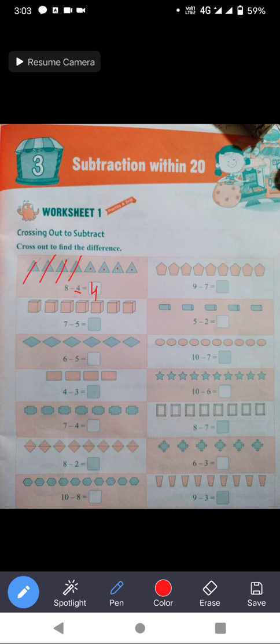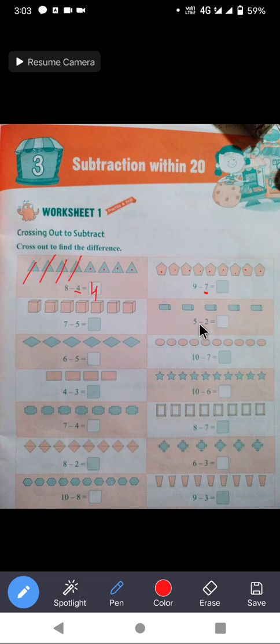Now look at the second one. Here we have 5 pentagons. Okay, sorry, 9 pentagons. 1 2 3 4 5 6 7 8 and 9. Okay, so out of 9, how many do we have to cross out? 7.